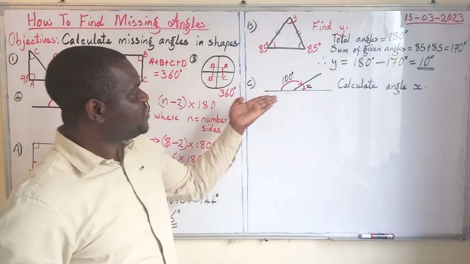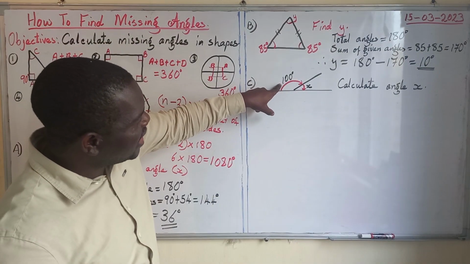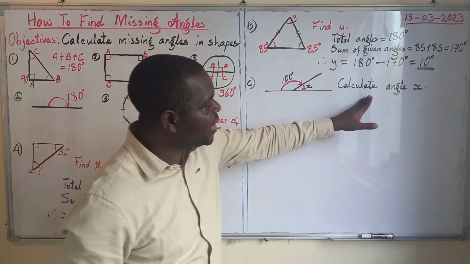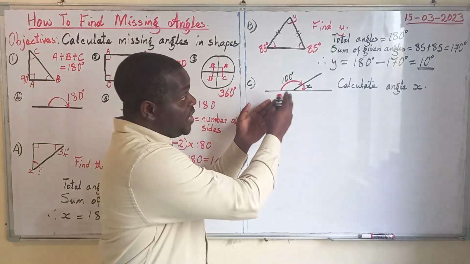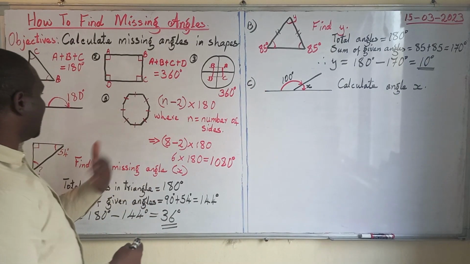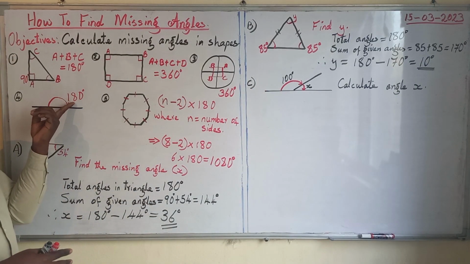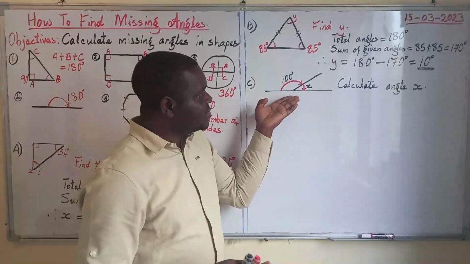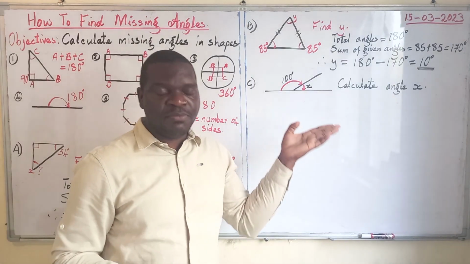C is a straight line, and this angle is given, while this is missing, and we are asked to calculate angle X. We've learned that in a straight line, the angle is 180, and equally in our last lesson, we learned that angles in a straight line are supplementary.